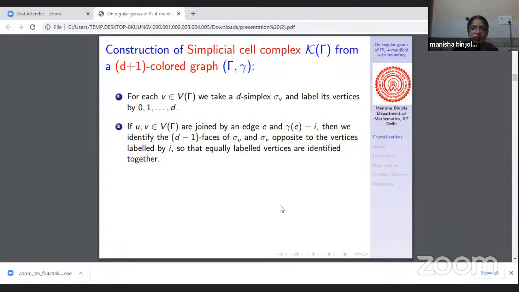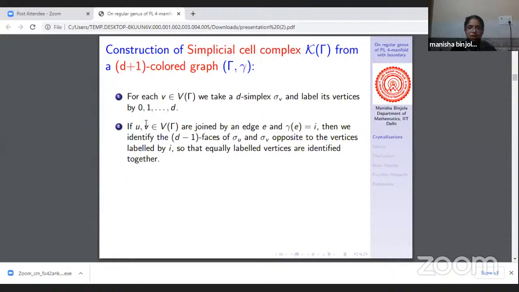Now, this construction is the basis of this theory and a very important one. I will use it again and again to visualize things. It says if we have a graph gamma, then we can always construct a simplicial cell complex. So it's a connection between topology and graphs, where we are using the graph as a tool. If we have a graph, this means we have vertices and edges.